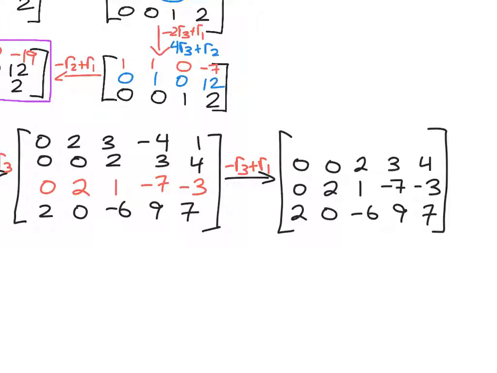So negate and add, negate and add. So it's 0, 0, 2. -7 becomes +7. Added to -4 becomes a 3. -3 becomes +3. Added to 1 becomes 4.